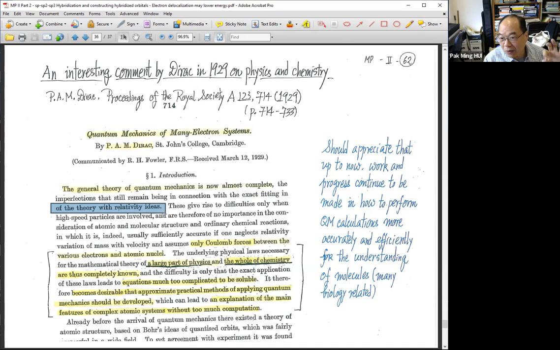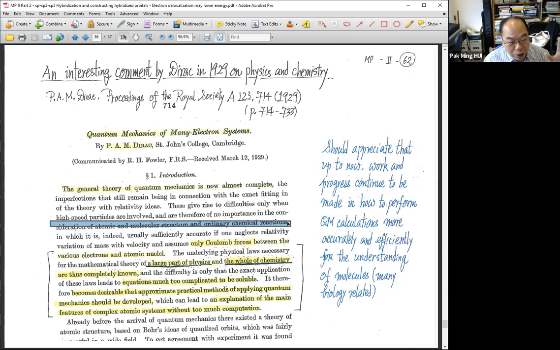So he knows there's something missing, but he had his Dirac equation already. "This gives rise to difficulties only when high-speed particles, relativistic particles, are involved, and therefore is of no importance in the consideration of atomic and molecular structure and ordinary chemical reactions."